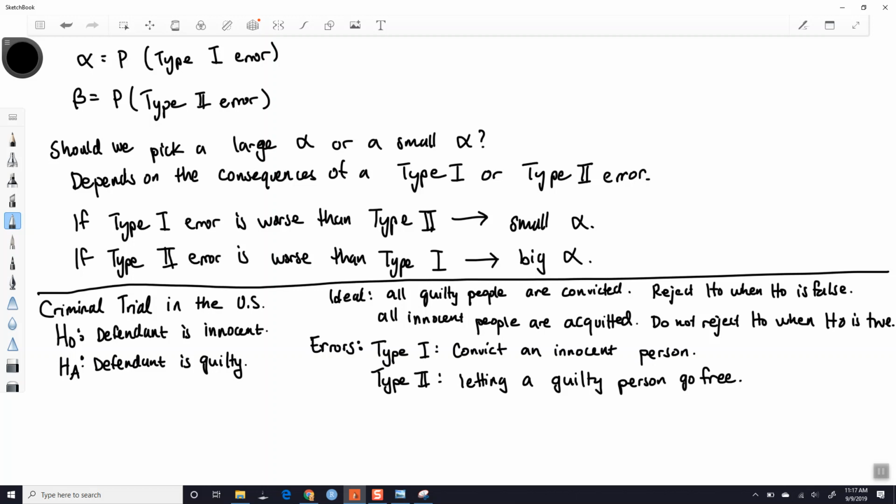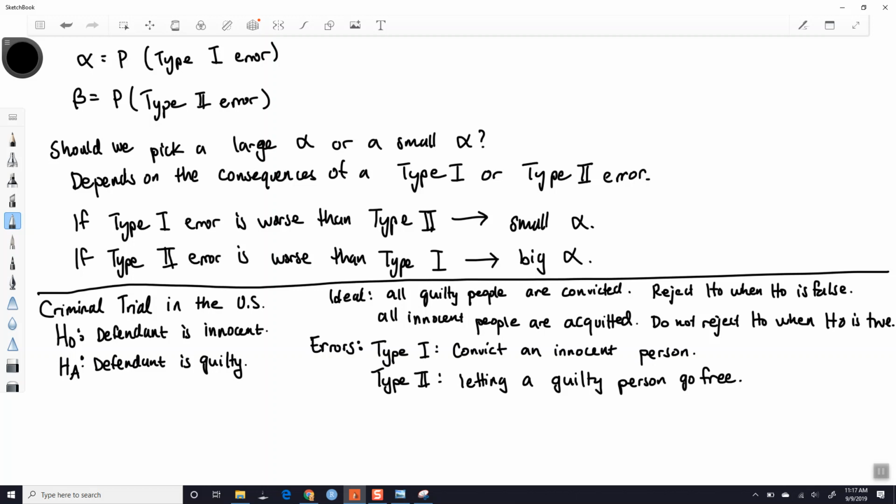Say this is like a death penalty case. If you say guilty, the person's going to be executed, and if not, the person will be let go. So which error is worse here?